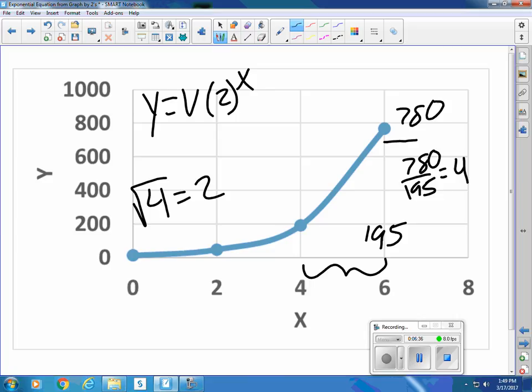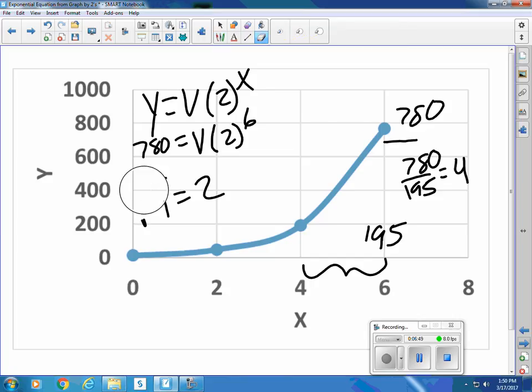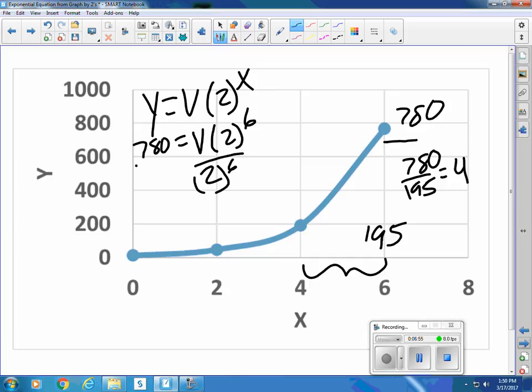Well, and then I could plug in 780, and that's some starting value times 2 raised to the 6th. Let's solve for that by getting the v all by itself, so 780 divided by 2 to the 6th.